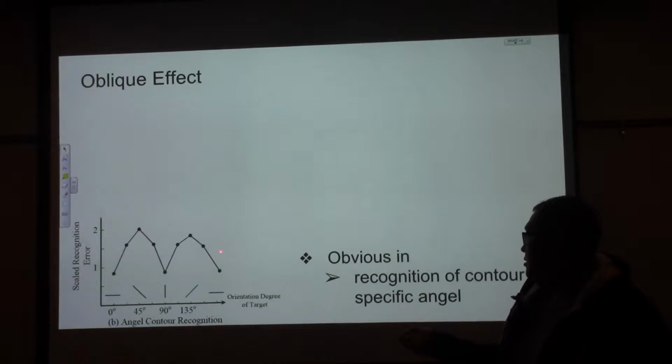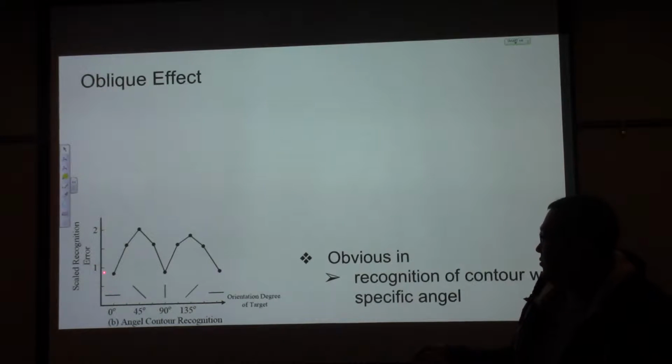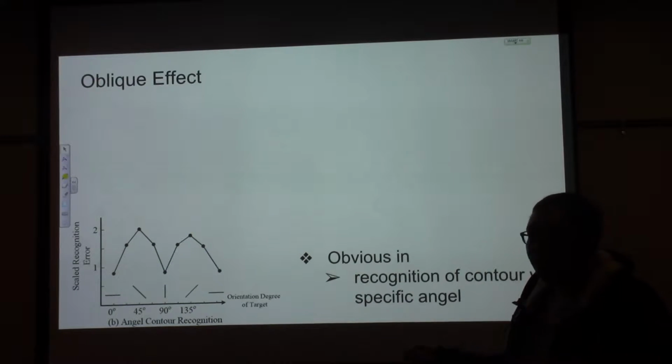So if you collect people's errors on judging whether the two lines are parallel to each other, corresponding to the oriented angles, you can observe that if you orient it with 0 degrees or 90 degrees, the error people make is the lowest. But if you orient the images with 45 degrees and 135 degrees, people make the most errors.